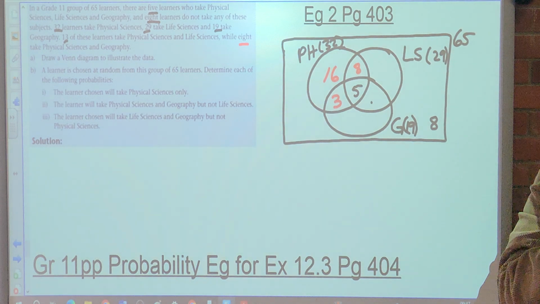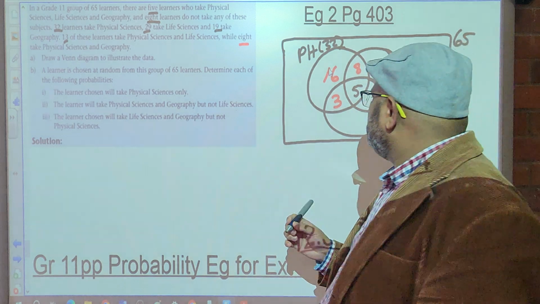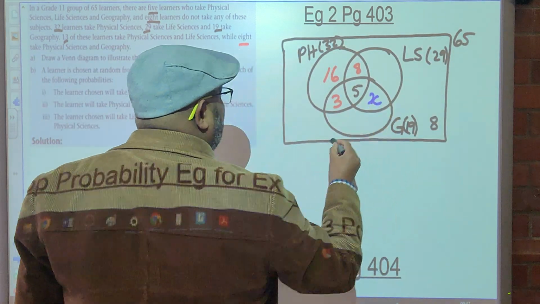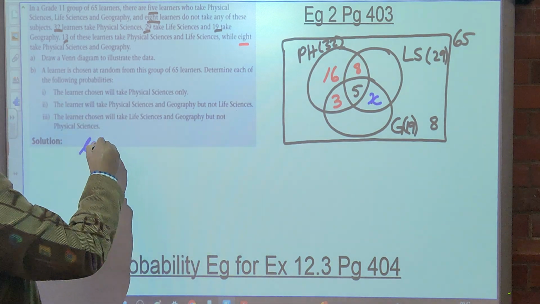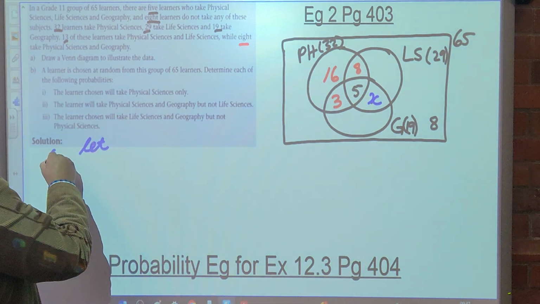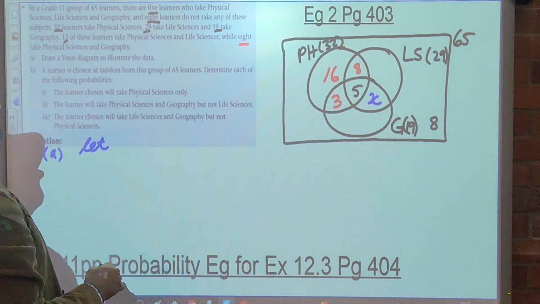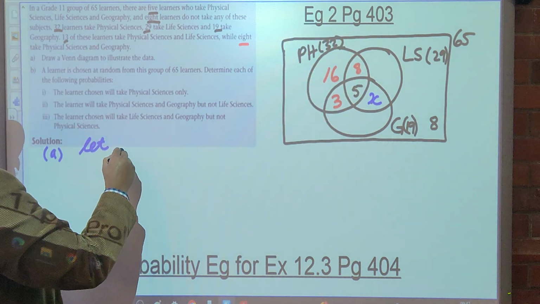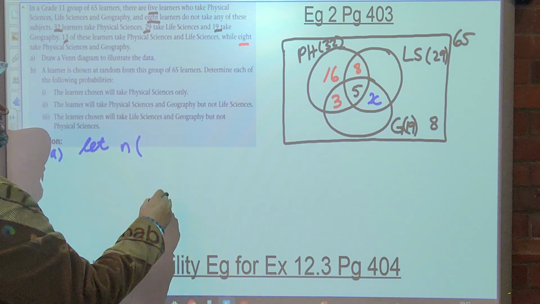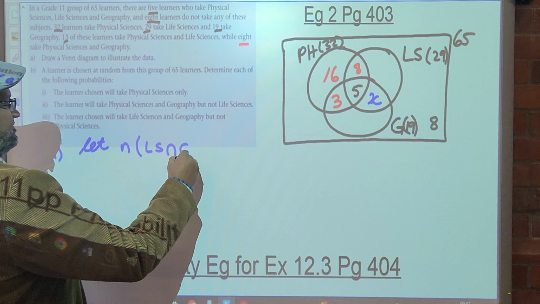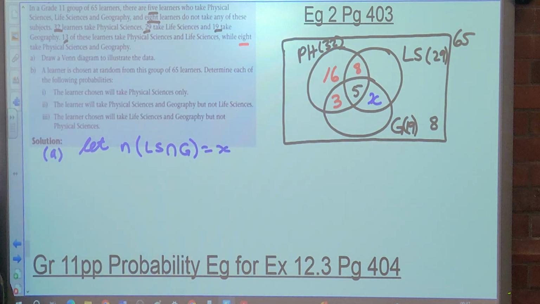So there's something missing. So what we do is we say, change the color again. Let this be A now. We say, this is all part of A. So we say let the number of people doing life science and geo equal X. So I'm bringing X into the sum, my own variable.